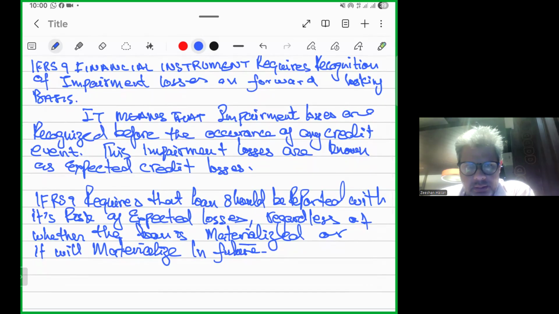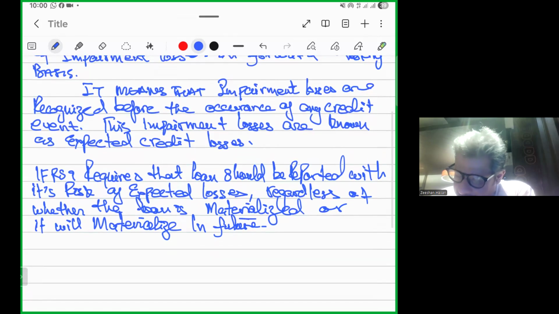Now, further we will say the purchased credit impaired financial assets. Now we will connect it with the scenario.